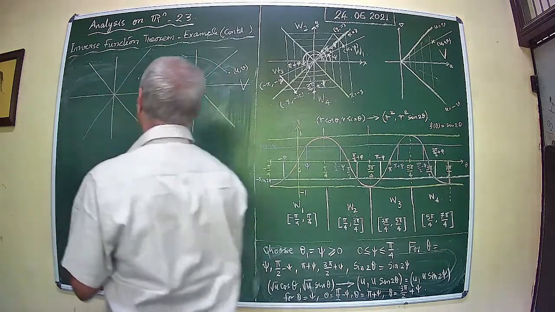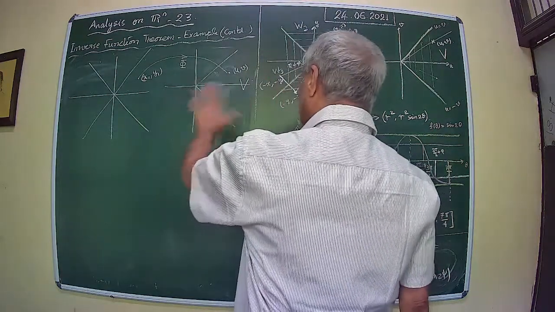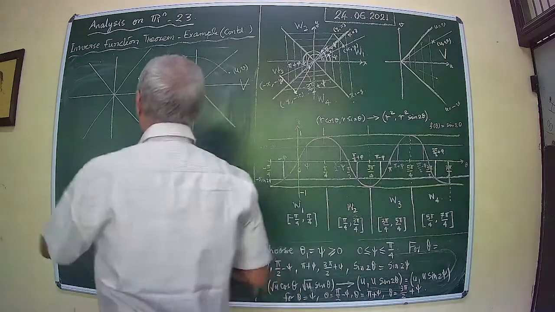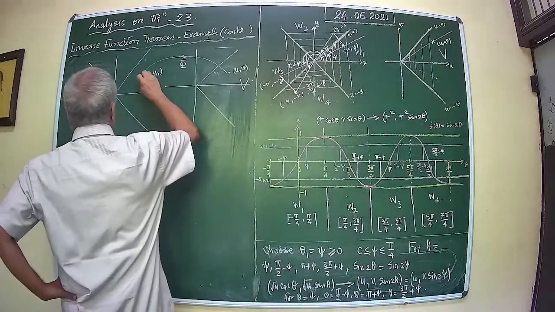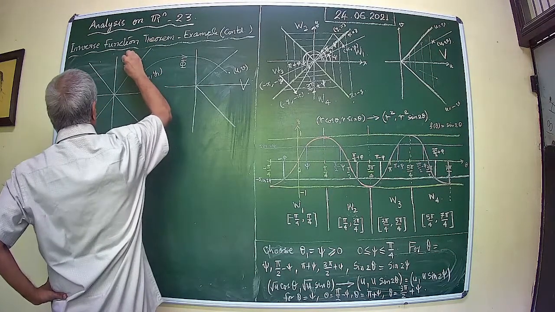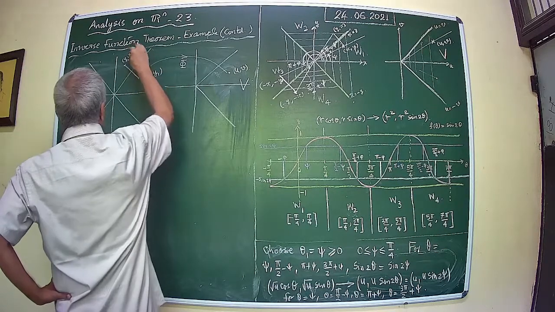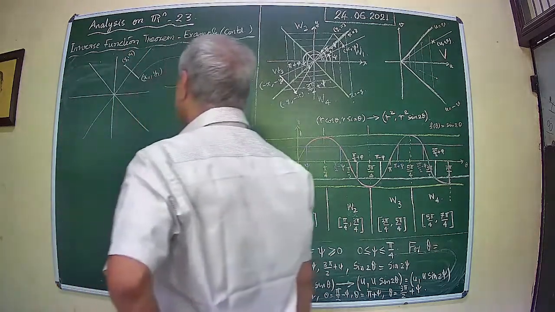Now how do you get, what are the other points that get mapped to it? You will get Y1, X1 also get mapped to this. What is Y1, X1? Y1, X1 is this point. Y1, X1 is in W2.